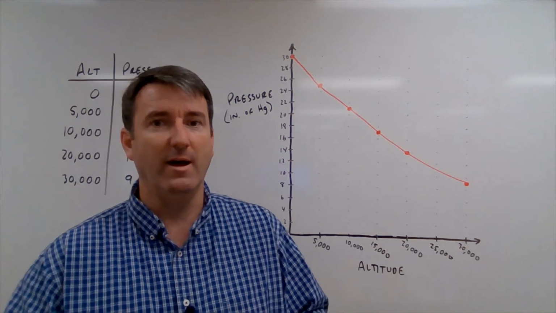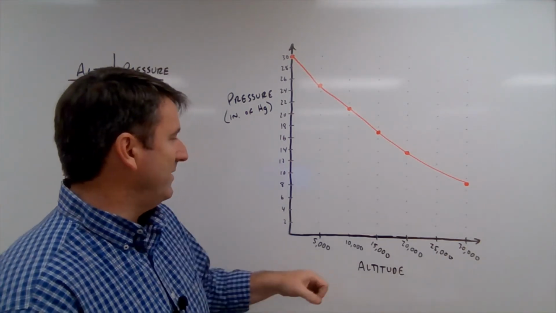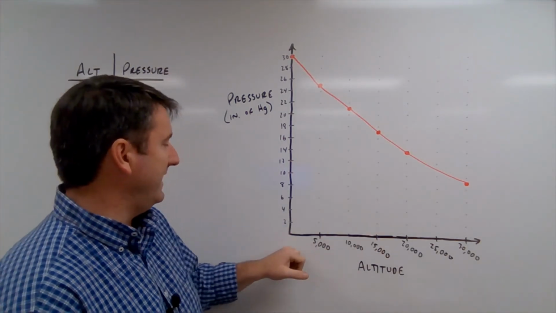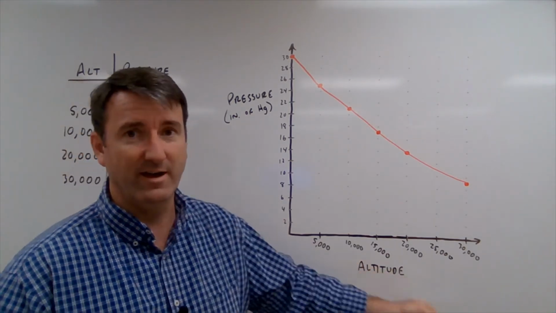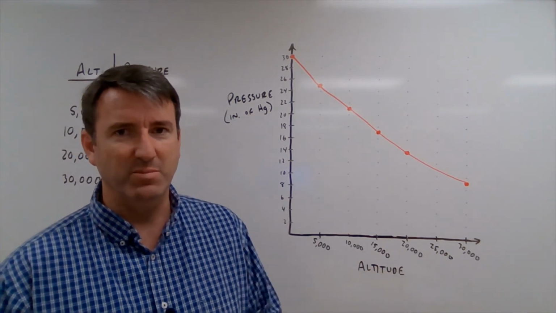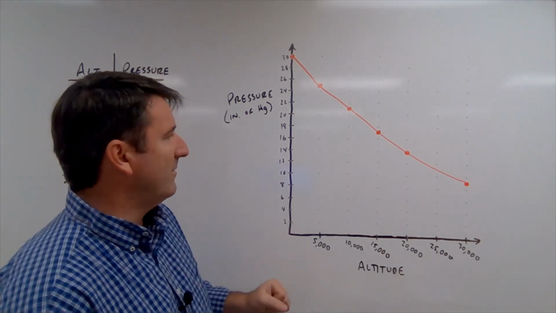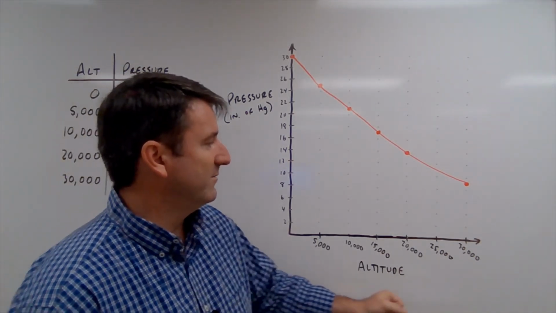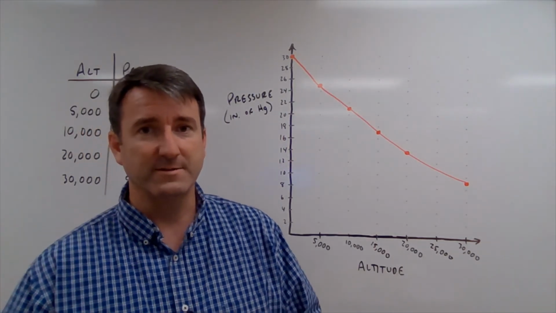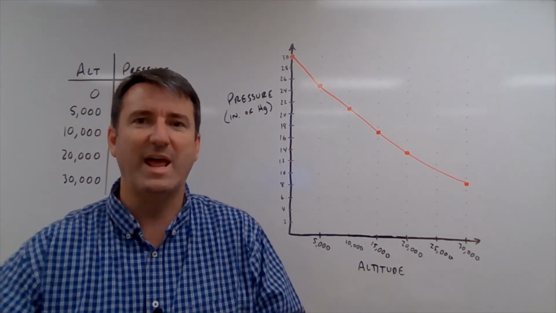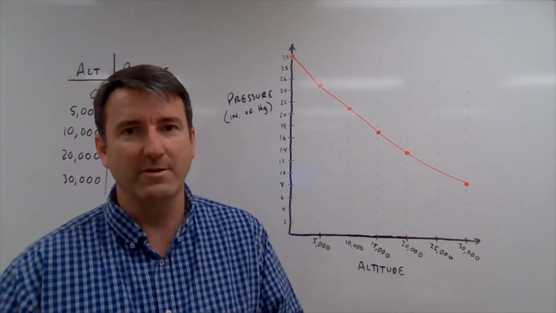If we're a pilot, then we might have a domain here of, say, 0 if we're never planning on landing in an airport that's below sea level. 0 might be our low point, and we might want to go up to 30,000 or 40,000 because we're not going to be flying higher than that.